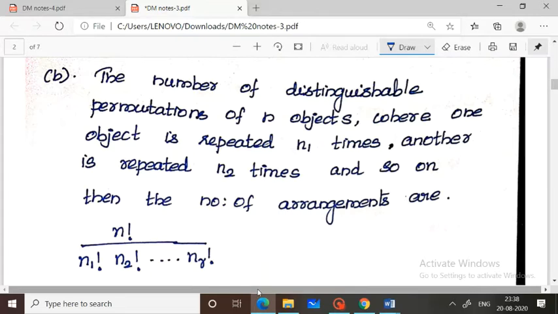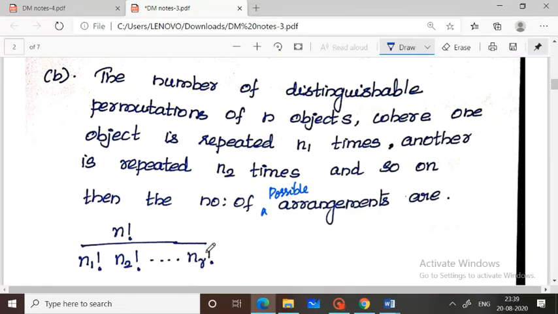Then the number of possible arrangements is n factorial divided by n1 factorial times n2 factorial, and so on.